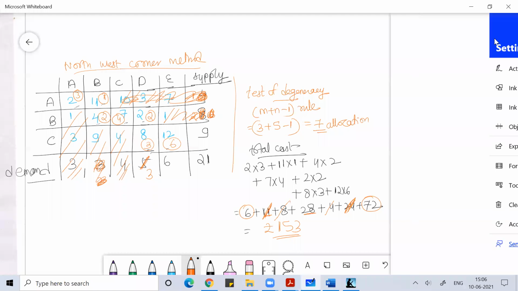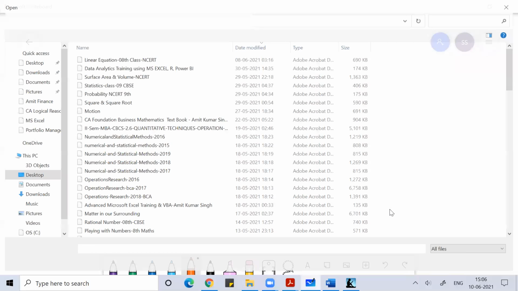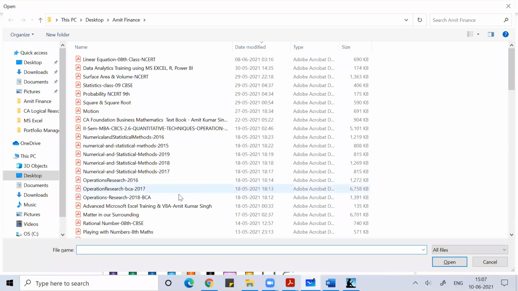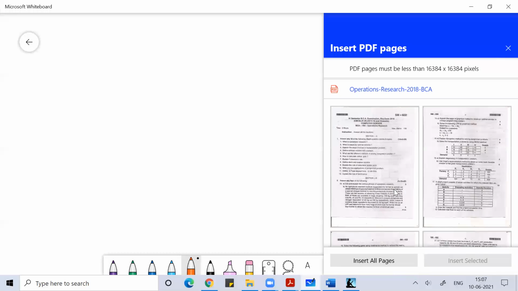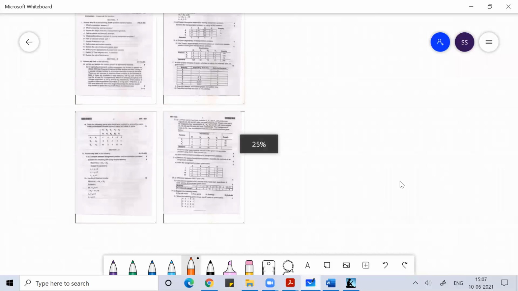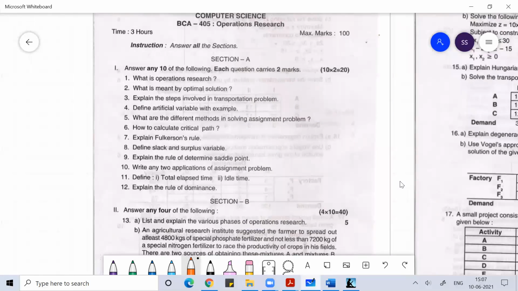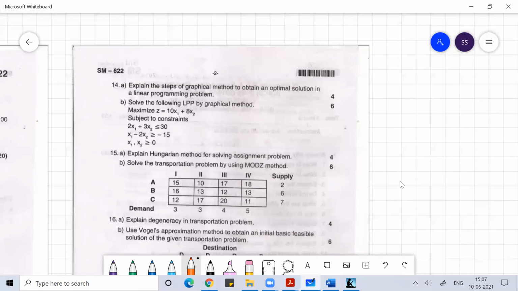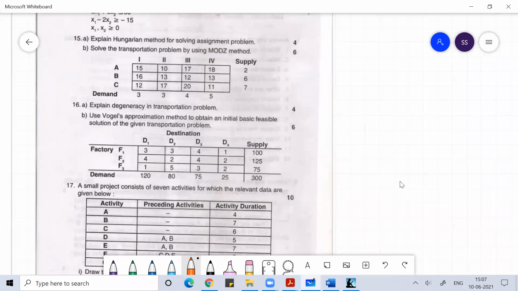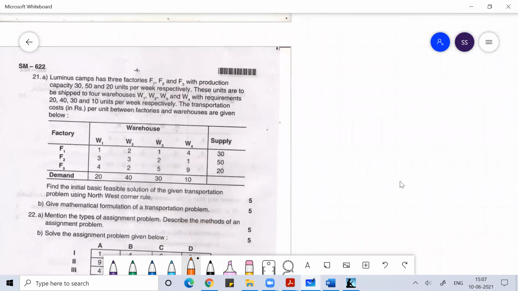So we have done the 2016-17 problem. Now we'll discuss the 2018 problem. This is 2018. We'll see a northwest corner method problem. You can see this question.